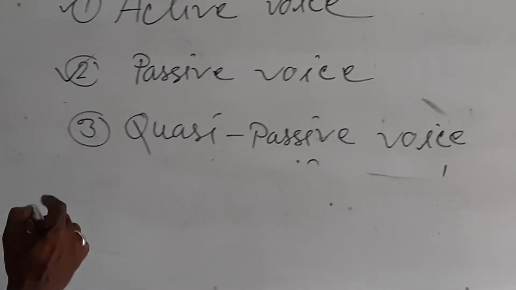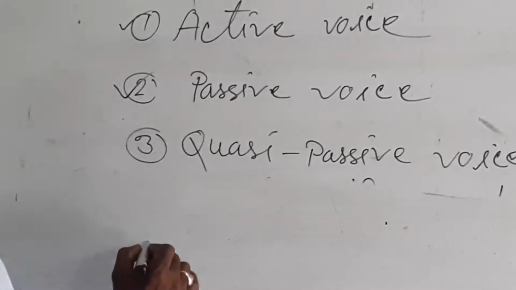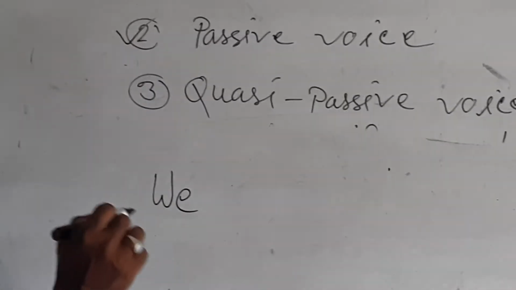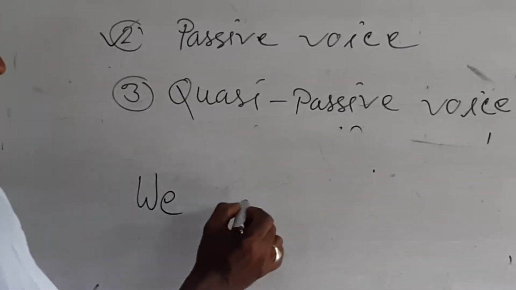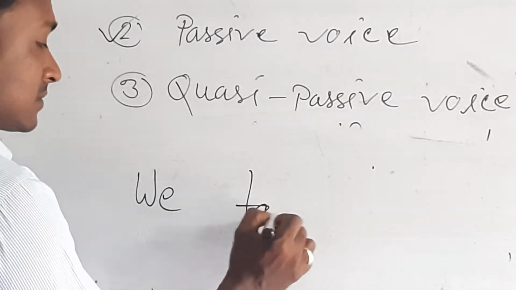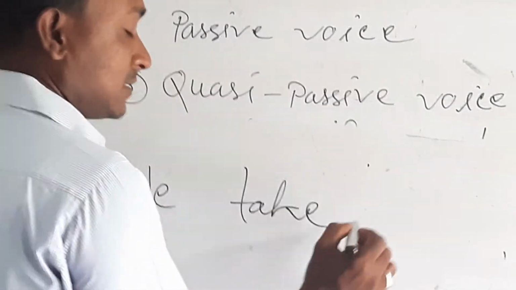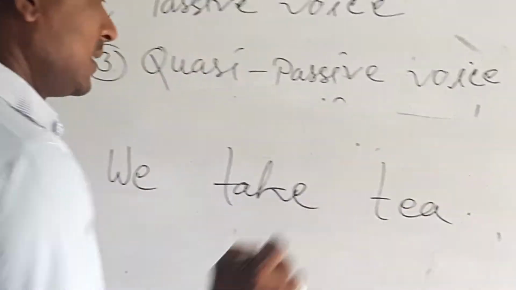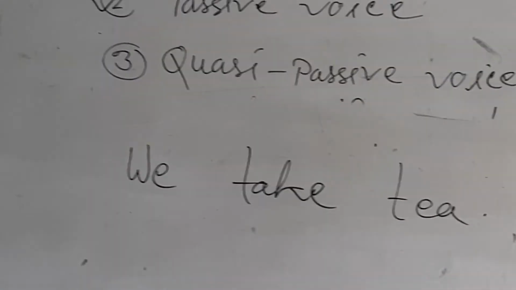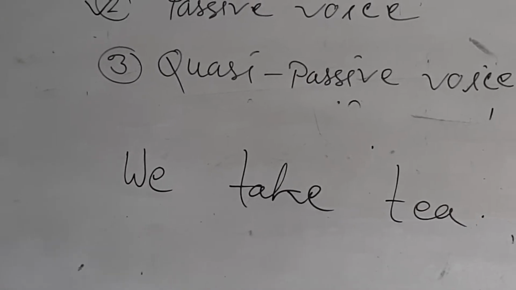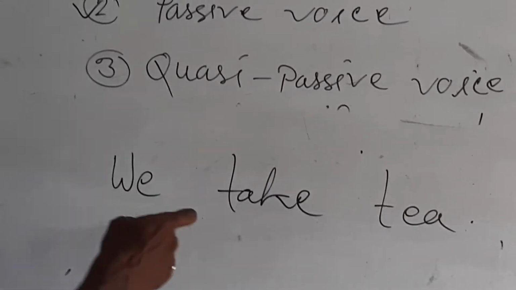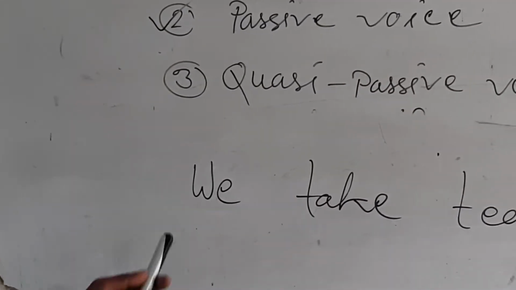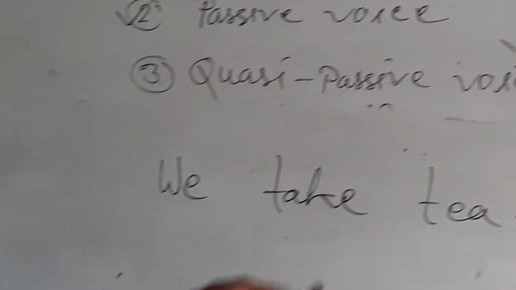Like this, we take tea. আমরা চা পান করব. This is also an active voice. Now we will learn how we can change this type of active voice into passive.